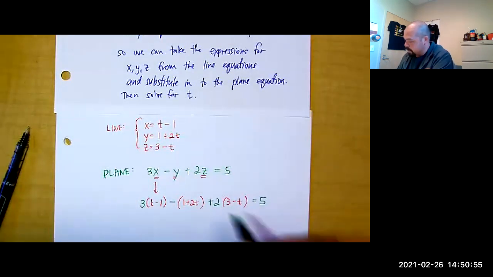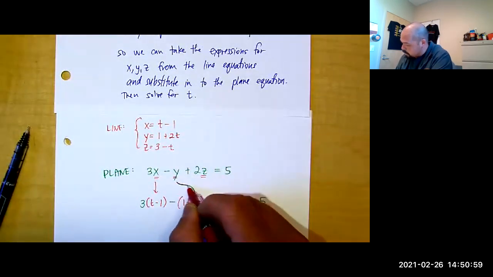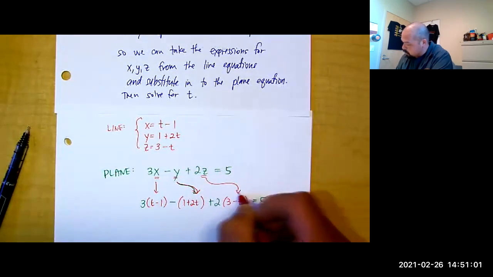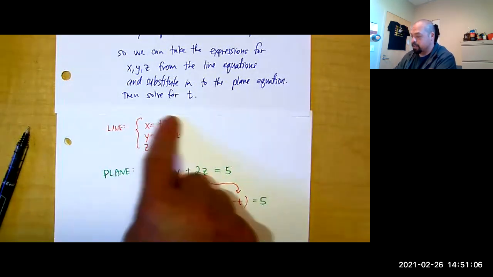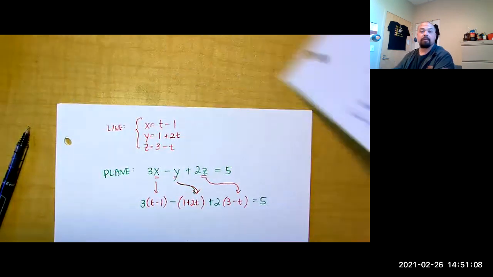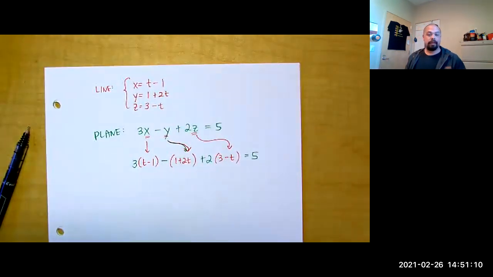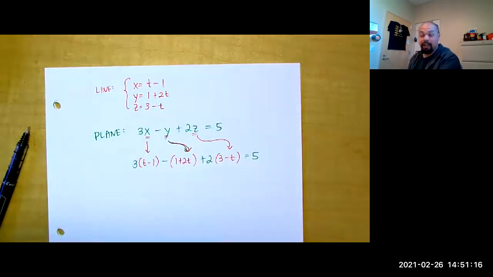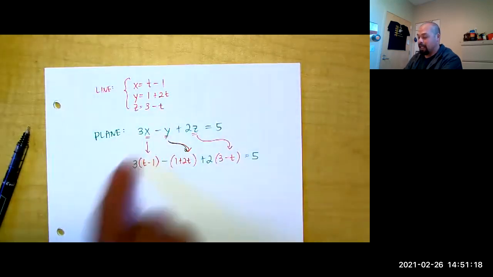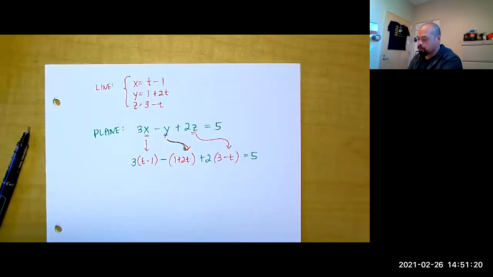So I'm just replacing my x, y, and z in my plane equation with the expressions, those parametric forms for my line, because I know those need to coincide, they need to correspond. So that x value needs to work for my plane, the y value needs to work in the plane, the z value needs to work to make that plane equation true.